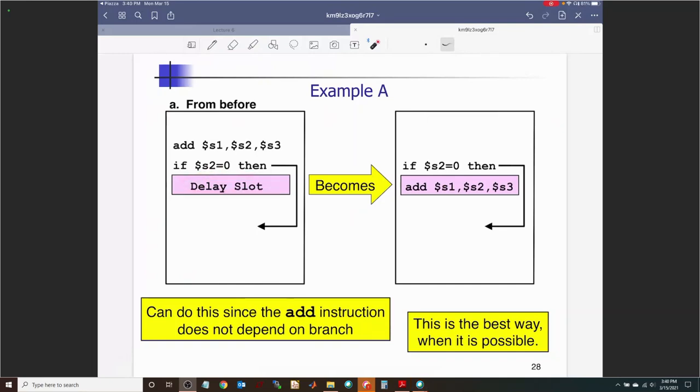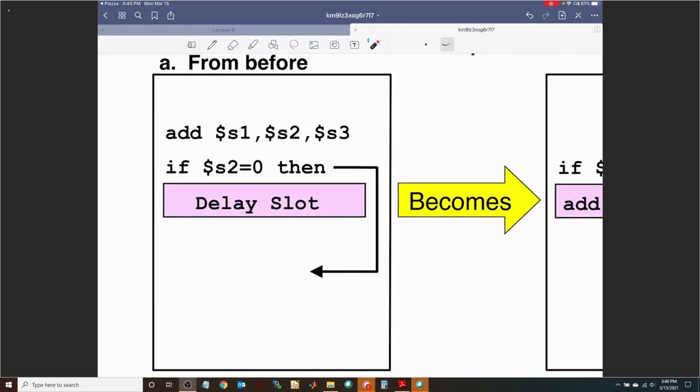So I have an add instruction here. Then I have a condition which could be something like branch when equal $s1, $s2, comma $0, comma whatever offset.